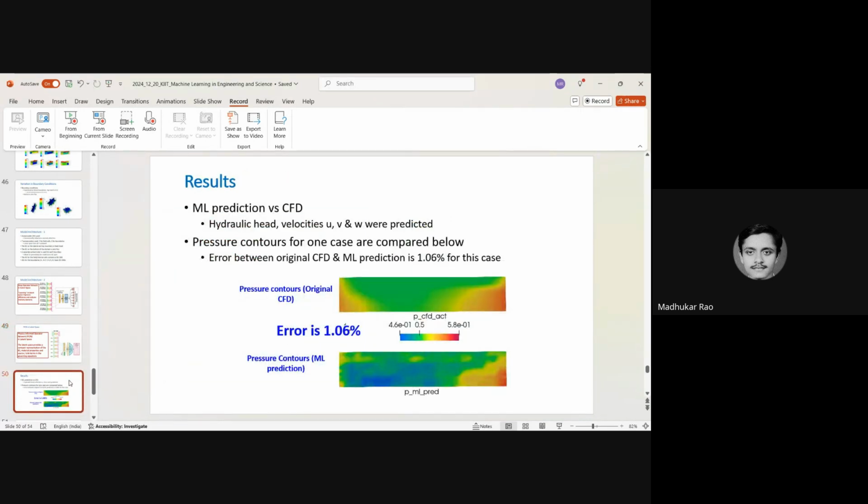And how do the results look? So you can see the pressure contours. The error is about a 1% difference between the machine learning predictions and the original CFD. The prediction includes the hydraulic head of the water and the velocity components of the water.